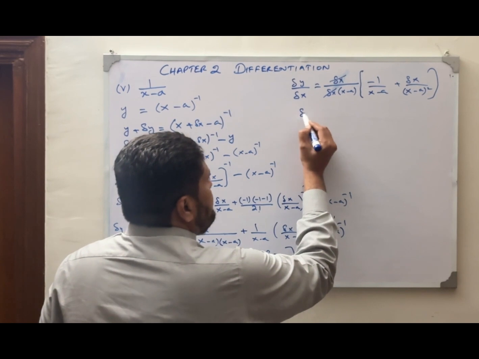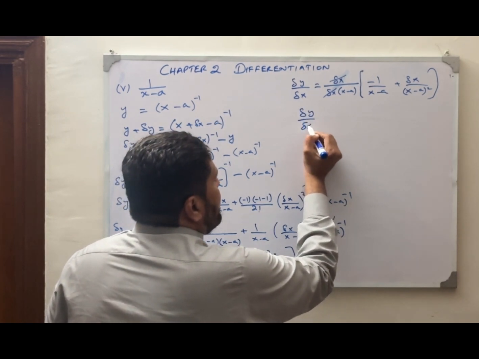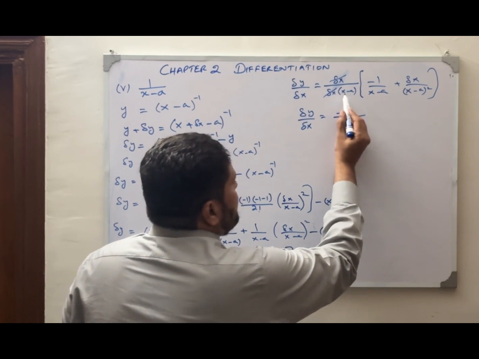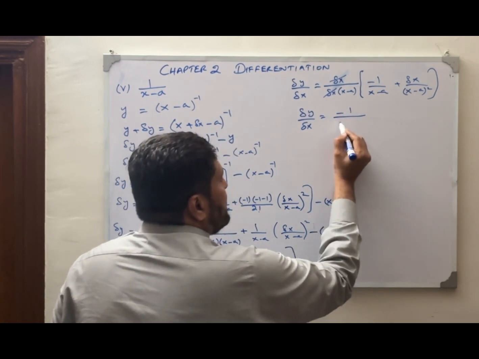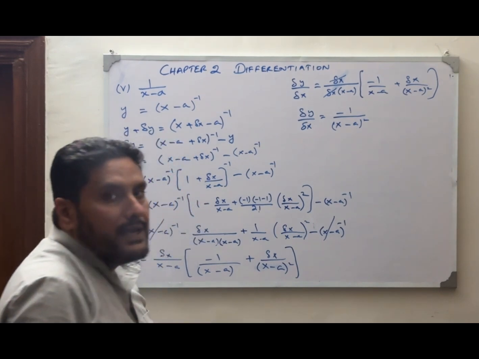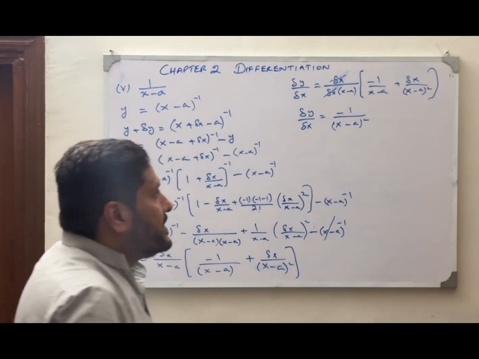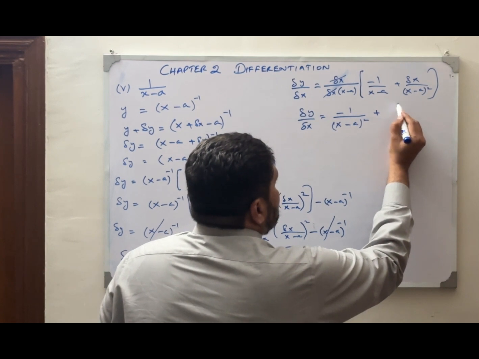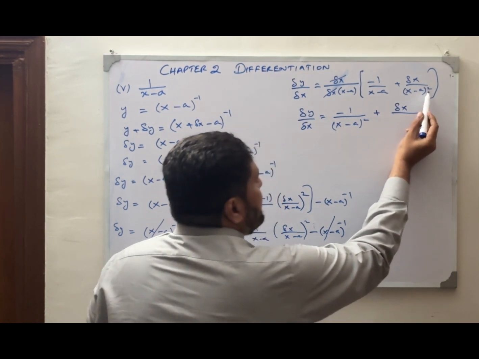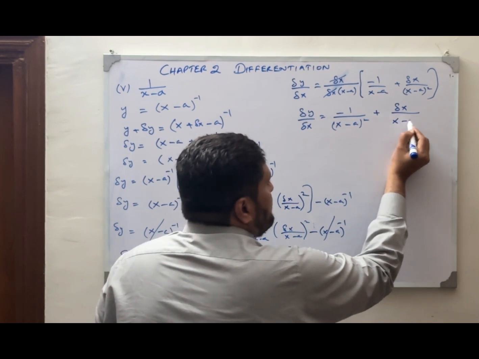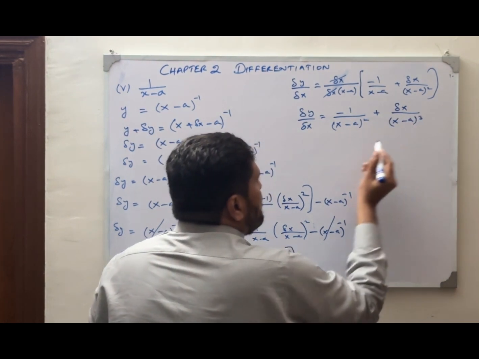So delta y by delta x is equal to minus 1 divided by this x minus a and this x minus a. If we multiply both of them, that will give us minus 1 by x minus a whole square, and for the second term we have delta x by x minus a whole square, when we multiply it with x minus a, that will become x minus a whole cube.